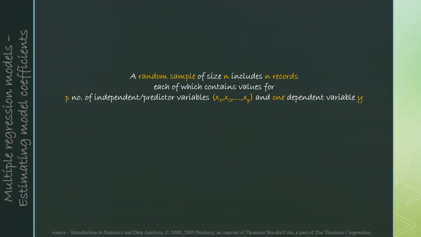A random sample of size n includes n records, each of which contain values for p number of independent or predictor variables x1, x2, etc. xp, and one dependent variable y, as in x11, x21, and so on xp1, y1, x12, x22, and so on xp2, y2, and so on x1n, x2n, and so on xpn, yn.